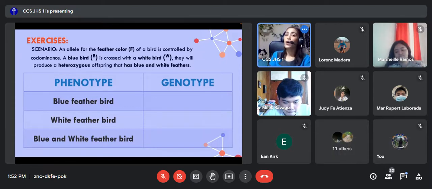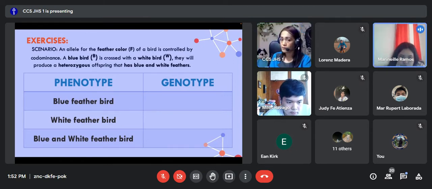So let's start. What's the letter for the trait? F. Feather color. What are the contrasting options? Blue or white. So B for blue, W for white.